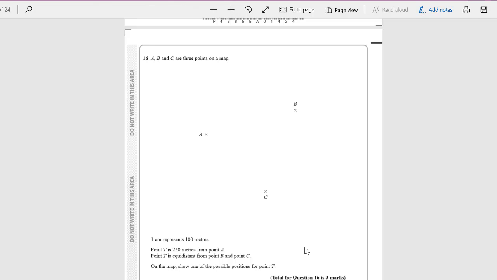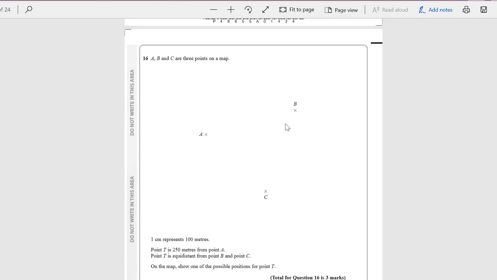Now, obviously, I can't show this on the screen just because I don't have the capacity to draw straight lines, and I don't have a compass at hand to demonstrate on the screen, but I can explain it to you.